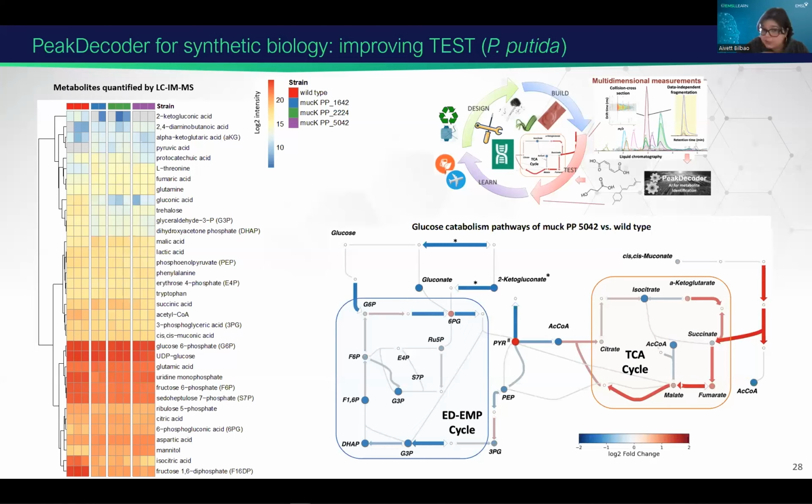The circles are the metabolites and the arrows are the proteins. Basically, what we saw is a correlation: the metabolite results agree well overall with the proteomics results.